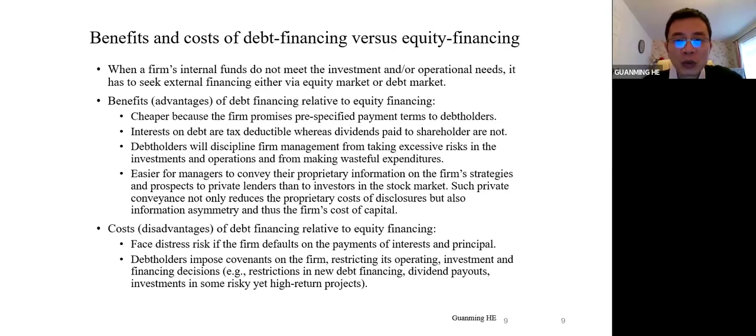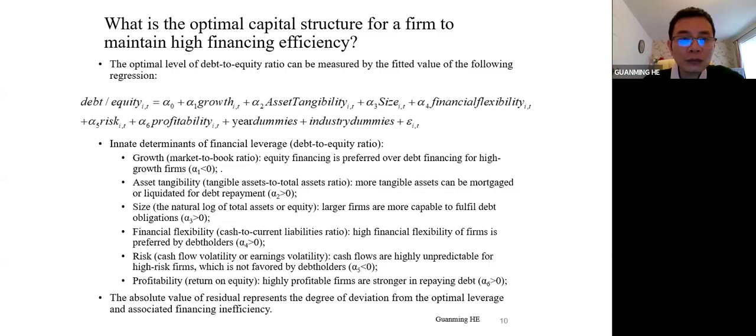So there are benefits versus costs of debt financing relative to equity financing, and this depends on the different expectations of the debt holders versus shareholders on the risk and return associated with the provision of the capital to the firm.